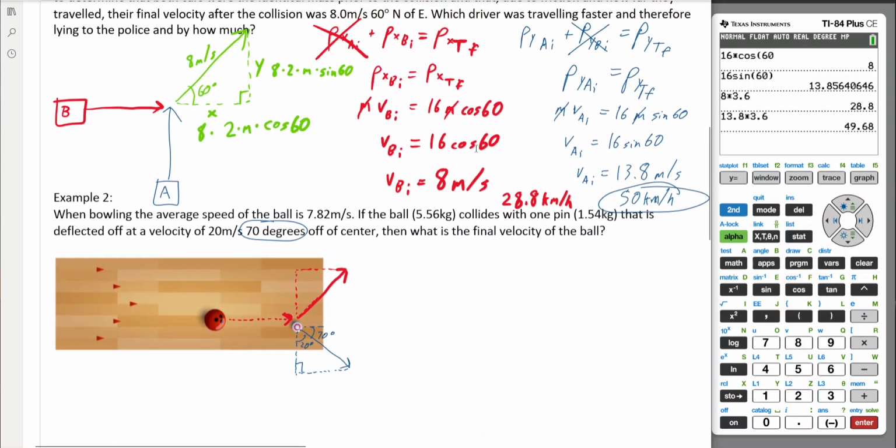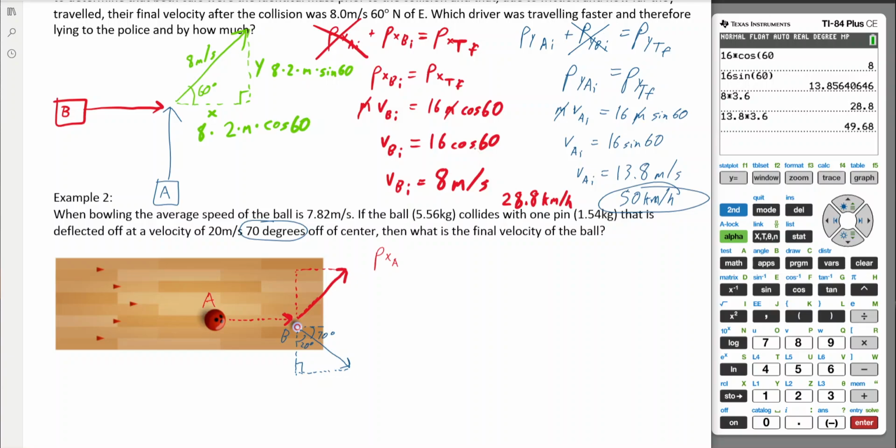Okay, so the equations are the regular kind of situation. The regular ones are going to be PX. I'm going to call my ball the A and the pin B, just by the way.